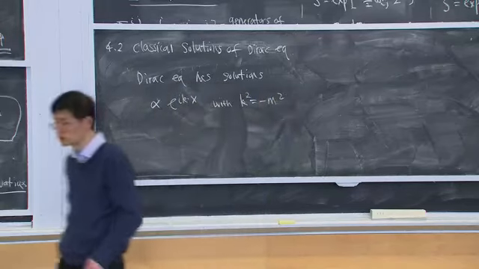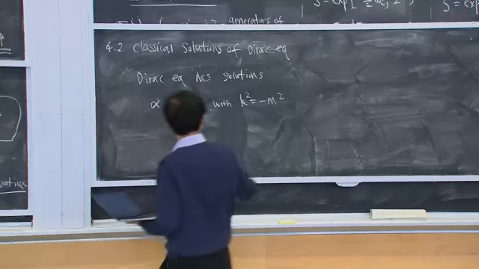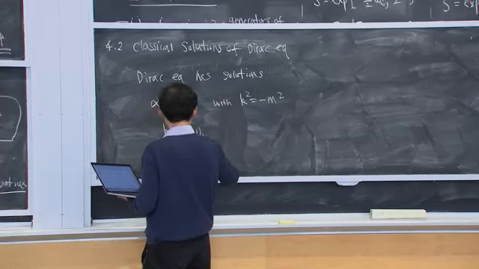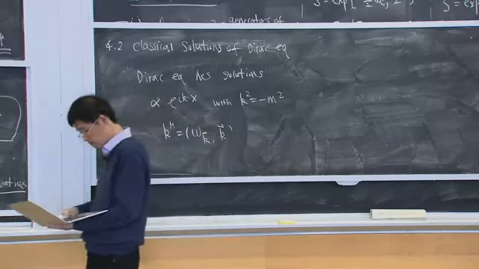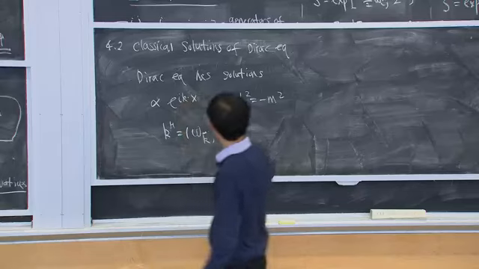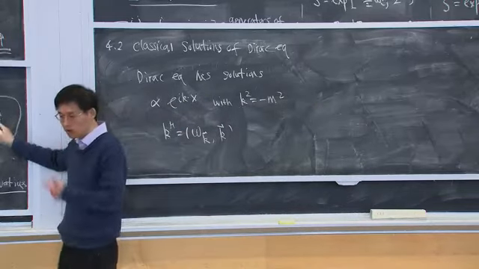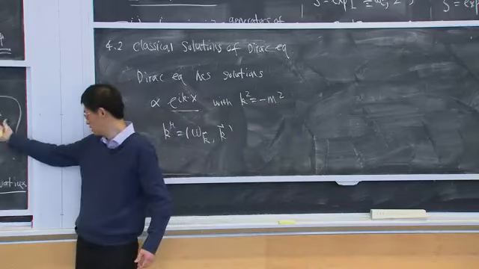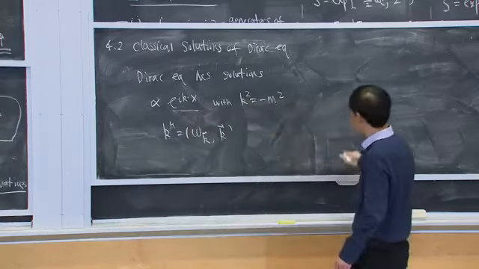This is by construction because when we square it, we get the Klein-Gordon equation. So this k^mu would be (omega_k, k vector). But this is not enough, because psi has 4 components. This just determines one factor of it, and we also have to determine the behavior of all its 4 components. That's what we are going to do now.